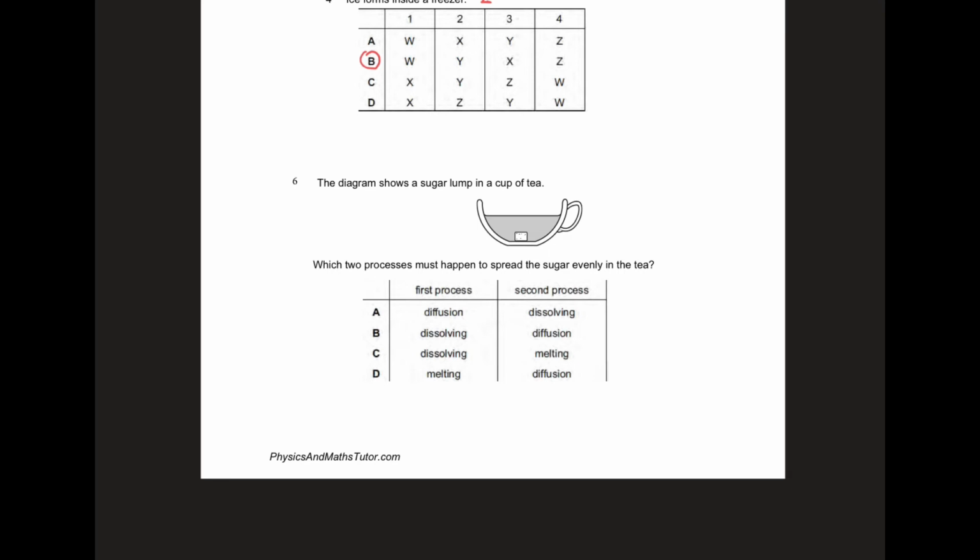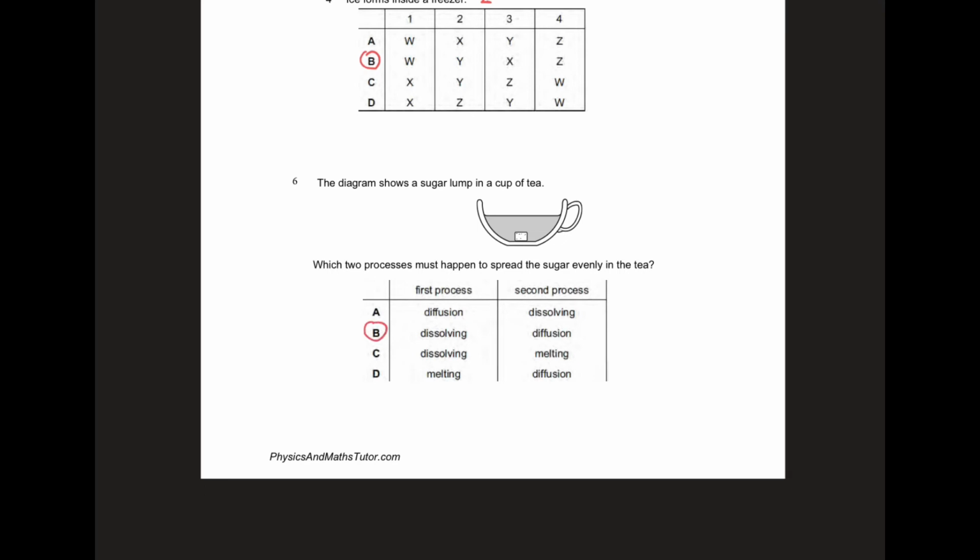If you choose A, that means the sugar solid moves around first, then it dissolves afterwards. Okay, so it is actually B. It becomes liquid first, becomes aqueous first, then it moves around. Okay, so this is B.